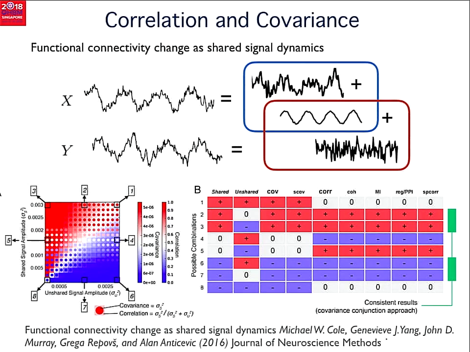This conceptualization, that changes in amplitude in these separate components might be driving functional connectivity changes, suggested that covariance and correlation may have different relationships. In some cases, covariance and correlation may increase when it's a shared component increasing in amplitude. In other times, it may be the opposite when it's a noise component.